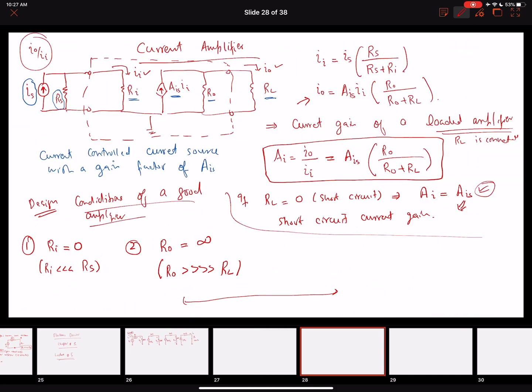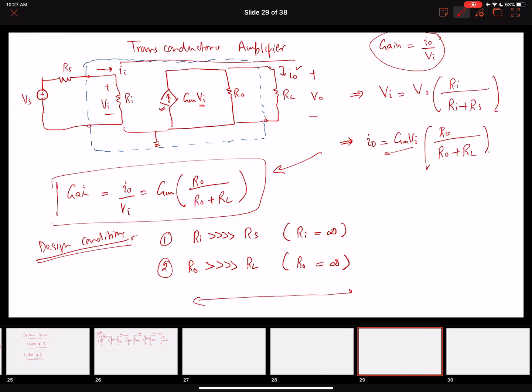Similarly, we then talked about the current amplifier. We solved for a current amplifier where we are interested in finding I naught over II. To find it, we apply the current divider rule at the input and the output, and we then determine its conditions for a good amplifier. For a transconductance amplifier, the gain we are interested in is I naught over Vi, so we apply a current divider rule at the output and a voltage divider rule at the input.